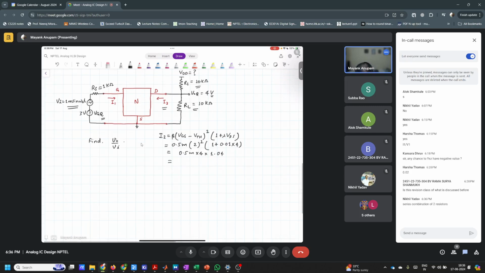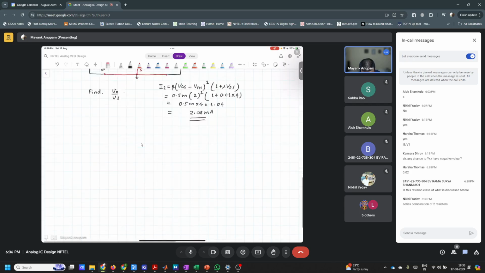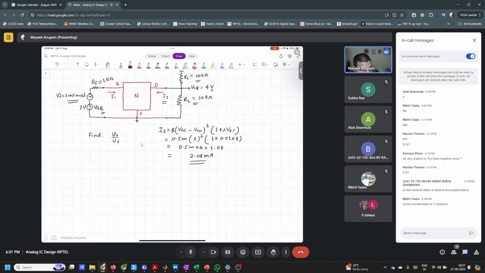So how much will this be? 2 into 1.04 is 2.08 milliamperes. It is 2.08 milliamperes, the I2 current.